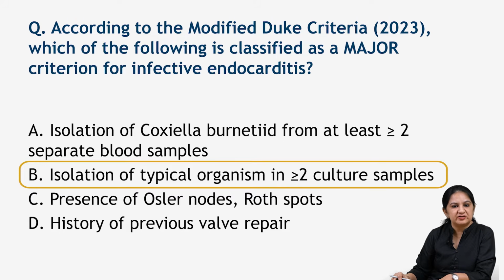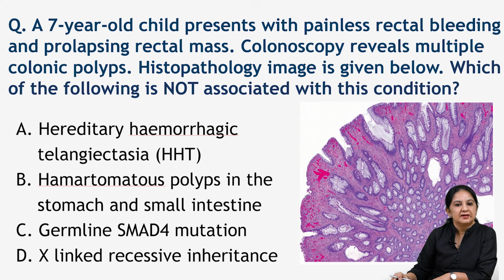It could be viridans streptococci, Streptococcus gallolyticus, HACEK organisms, Staph aureus or community acquired enterococcus, right? More than 2 samples of blood culture. And this is the minor criteria where your Osler nodes, Roth spots and previous valve repair come into the picture. Alright, let's move on to the next question.